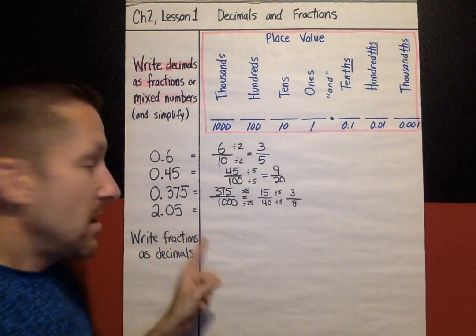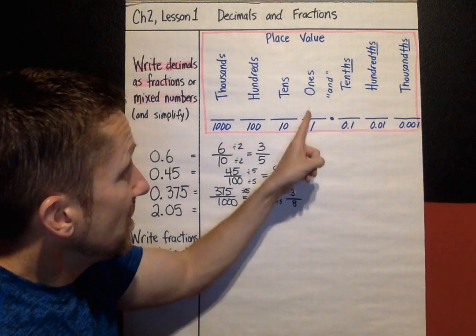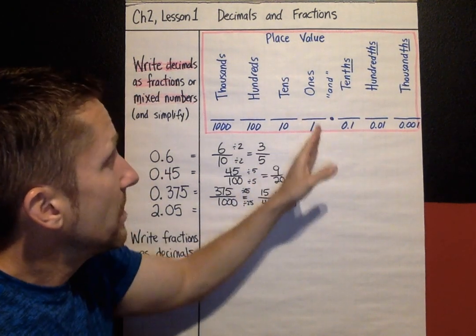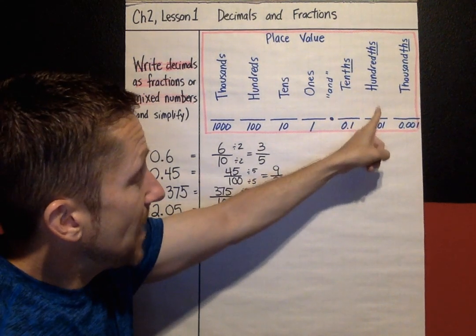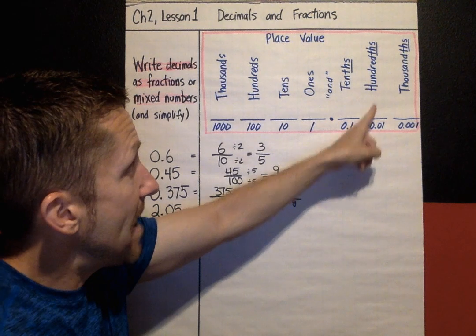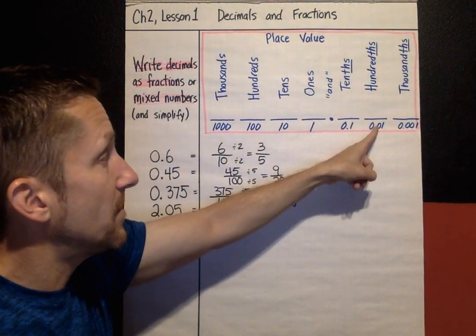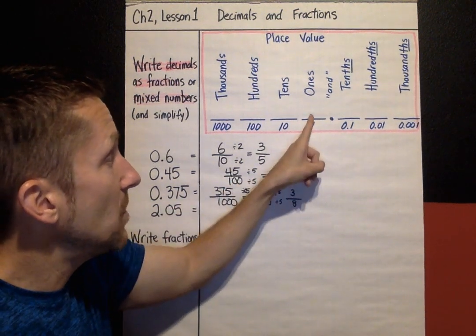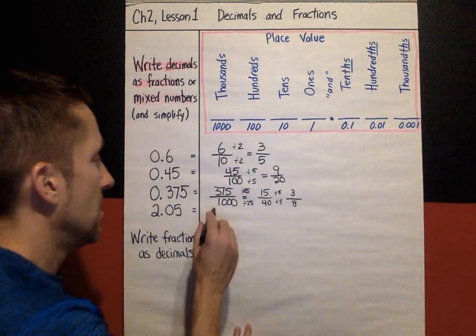One more, 2.05, same exact strategy. 2.05, and then I read it. 2 and, now the 5 is over here, so I would say 5, but I would call it 5 hundredths because it goes over to the hundredths place value. 2 and 5 hundredths.